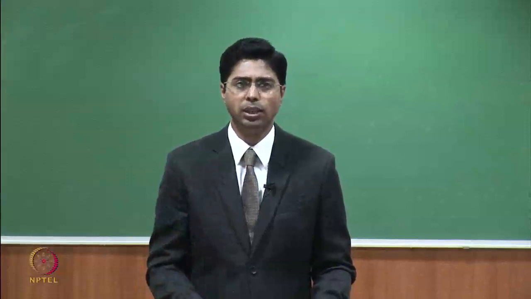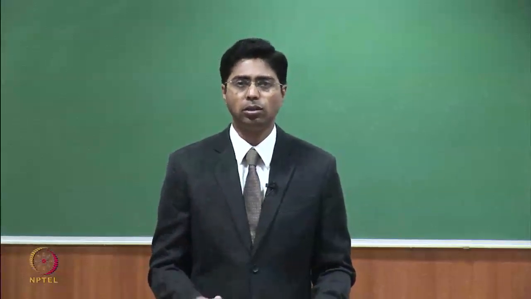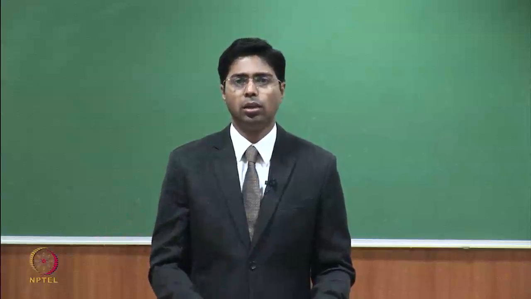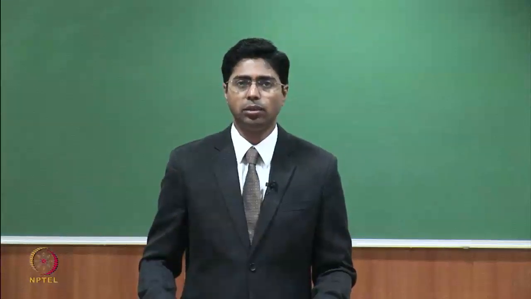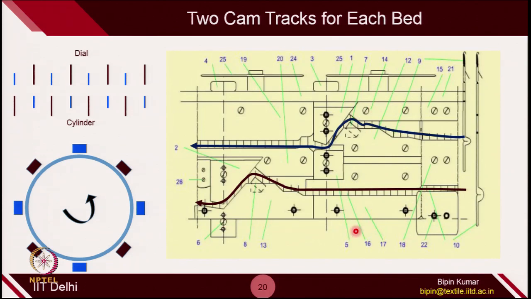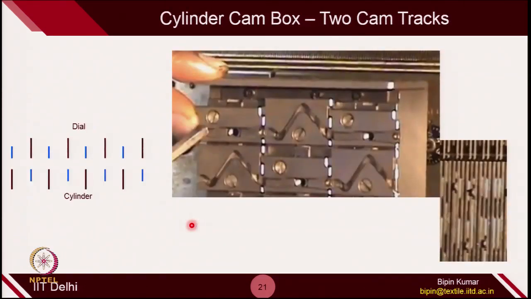A similar type of cam arrangement, or cam track, is provided for dial needles also, two tracks for dial needles, so that you can create some kind of timing difference to avoid collision with the cylinder needles. This is the track you can see here. This is for short butt needles, which is at the top position.